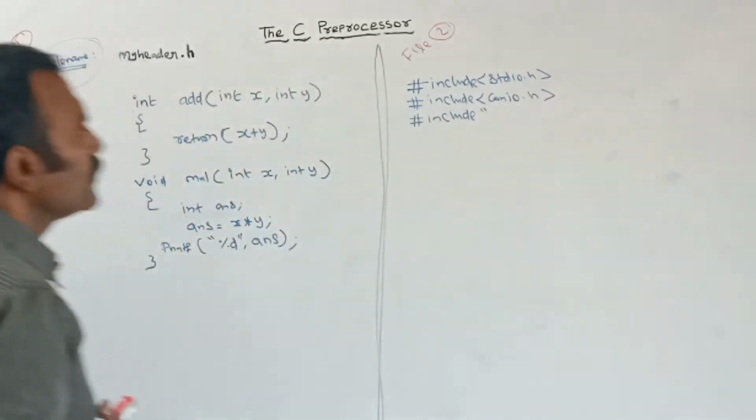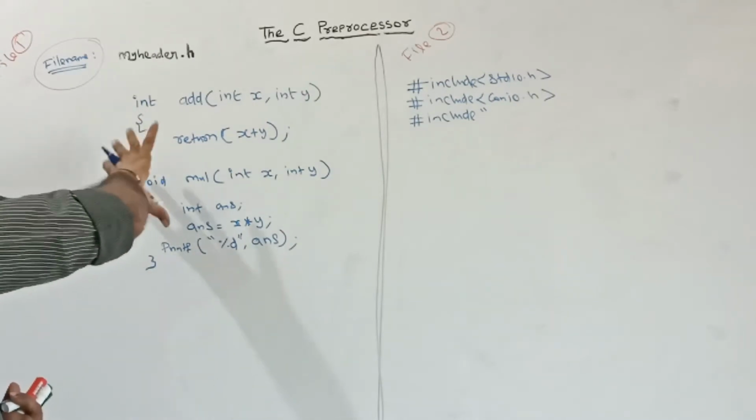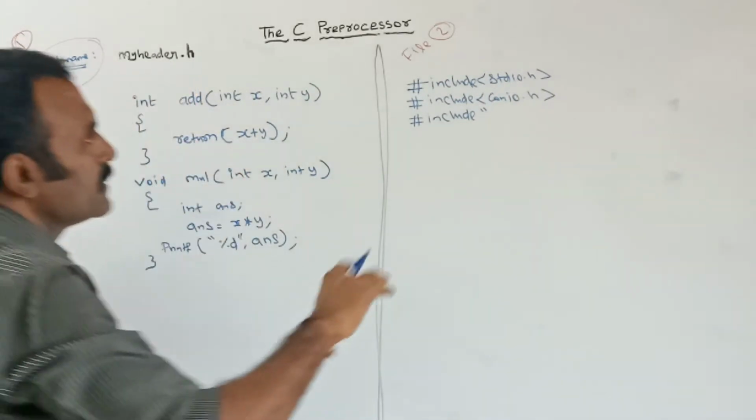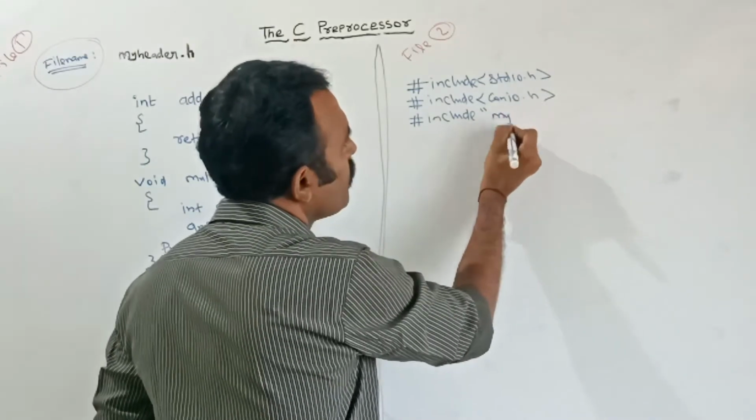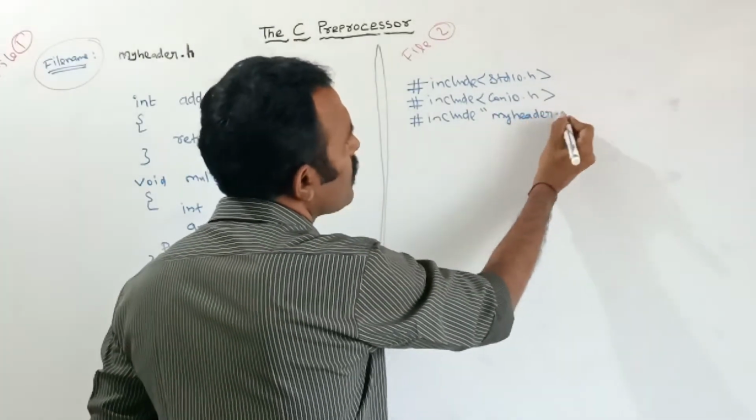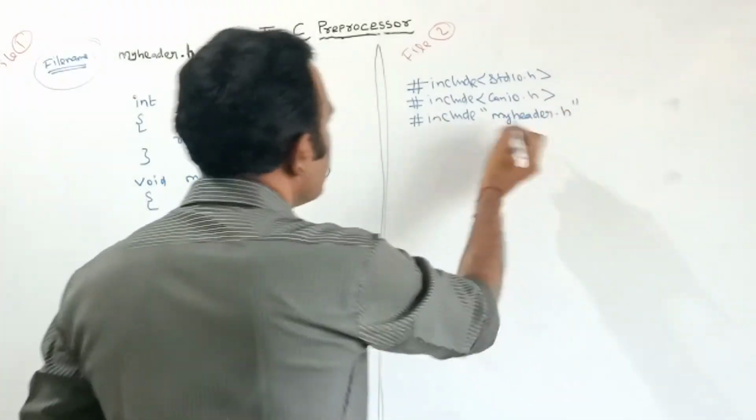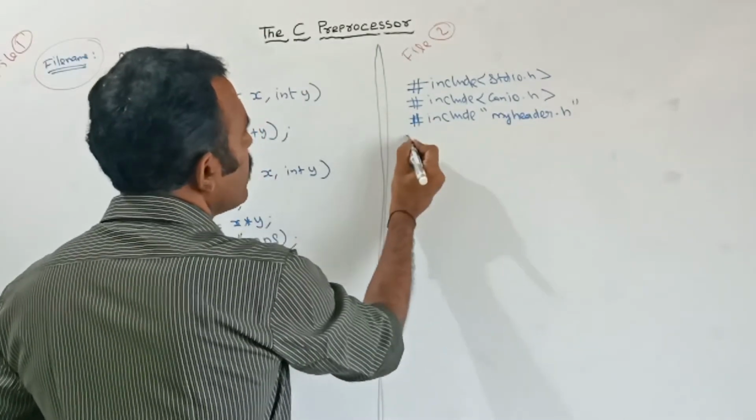Now I am going to include this header file. I had already created this myheader.h, and I am going to include it here. This is my header file.